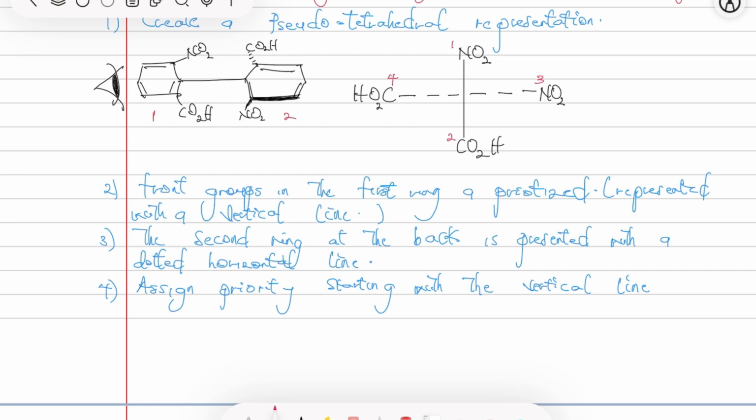After the assignment of priority, I will move from substituents with the highest priority down to the lower prioritized substituents. The position of the least substituent is insignificant. Therefore, the configuration of this biphenyl is S configuration.